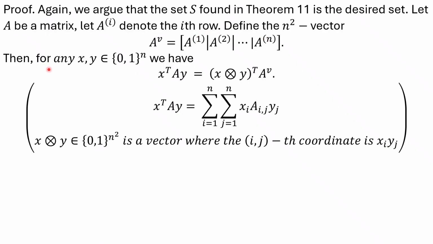Then, for any x, y vectors in {0,1}^n, we have x transpose A y is equal to the tensor product of x and y, transpose A_V. X transpose A y, we go over all the sum of x_i a_ij y_j, and this is exactly the tensor product, because in the tensor product vector, the ij coordinate is x_i y_j.